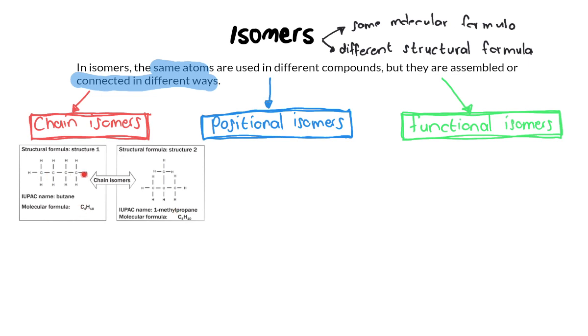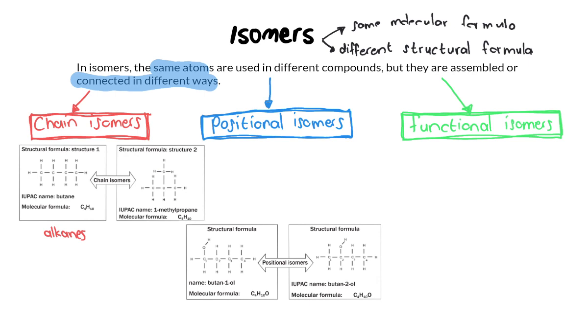So if this one has 4 carbons, you also draw 4 carbons, and then you just fill in the blanks with your hydrogens, and you'll see it all works out that they both have the same number. So your chain isomers normally occur in your alkanes. This is the homologous series that we get chain isomers from.